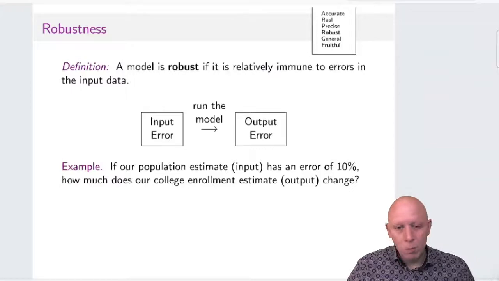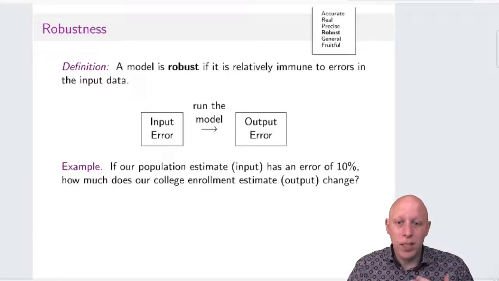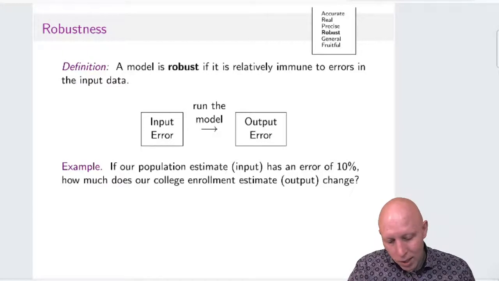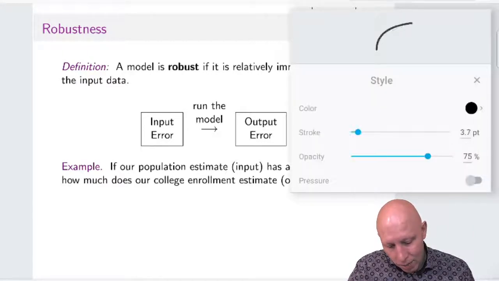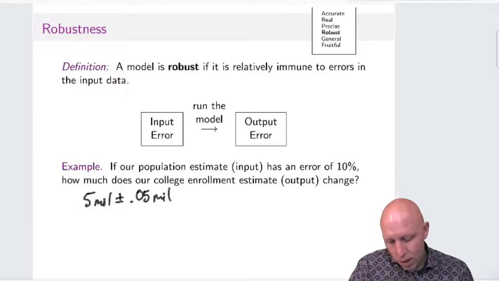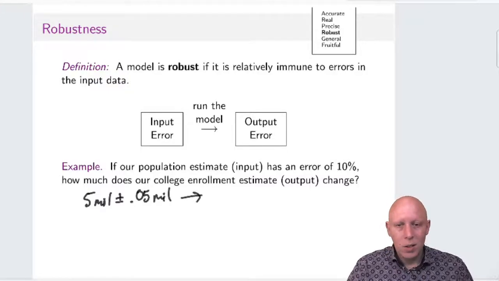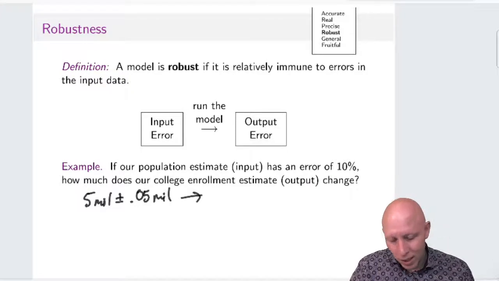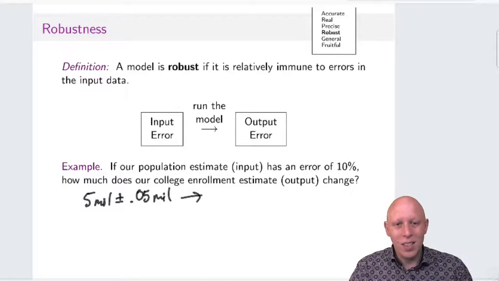So, for example, let's say our population estimate has an error of 10%. Actually, sorry, 5 million was the estimate.